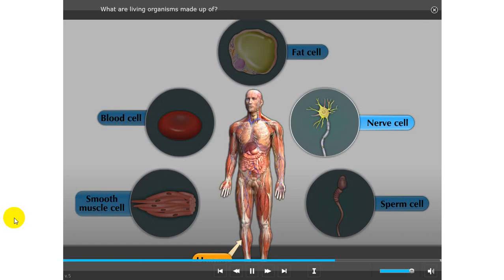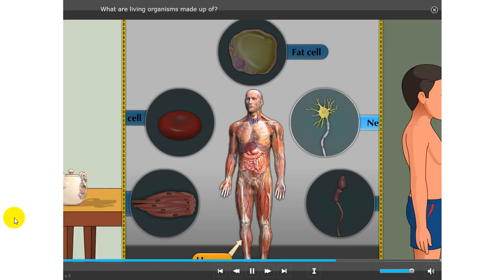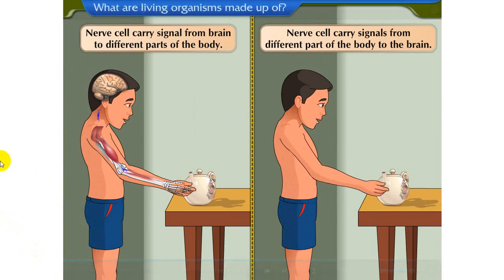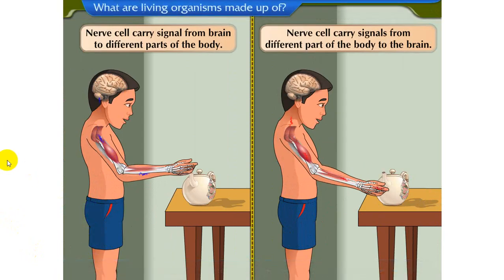For example, nerve cells of a human have a typical shape and a particular function. Its function is to carry signals from the brain to different parts of the body and vice versa.